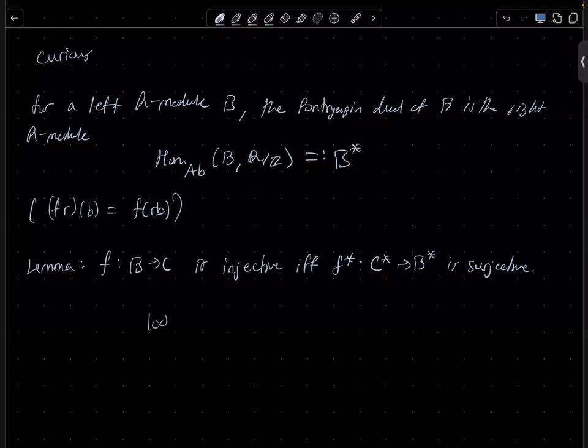Look at the exact sequence 0 to ker f to B to C, apply the contravariant Hom functor. You'll find that the cokernel of this f star is the dual module of ker f, but you can show that A is the zero module if and only if A star is the zero module. So not bad, cool.